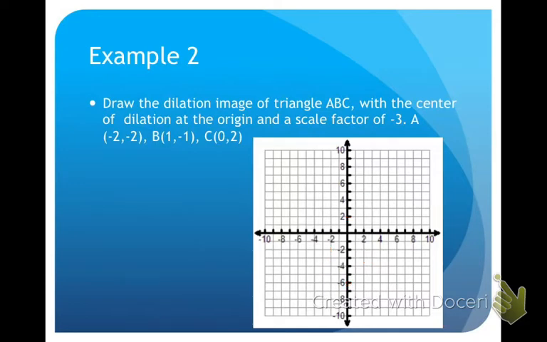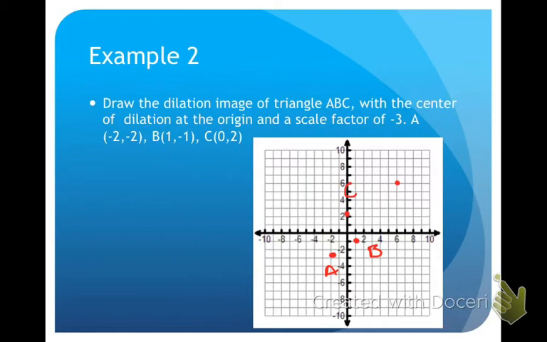Alright, so let's look at an example of a negative scale factor. So, I'm going to pause while I plot this. Alright, so -2, -2, sorry my point's a little off, becomes +6, +6. 1, -1 becomes -3, +3.